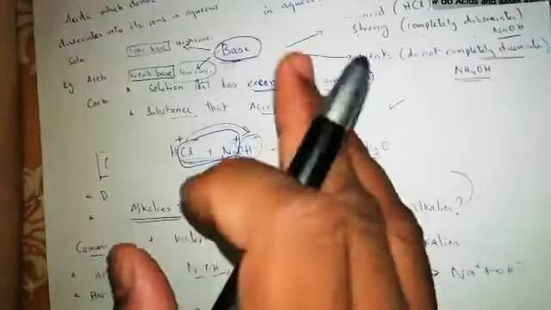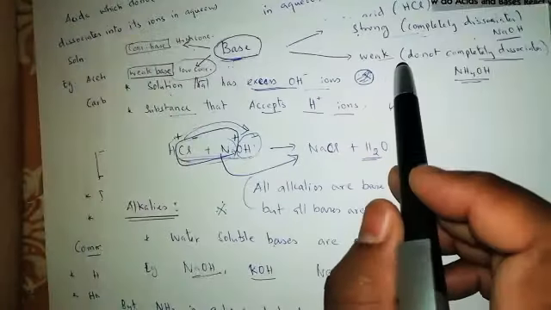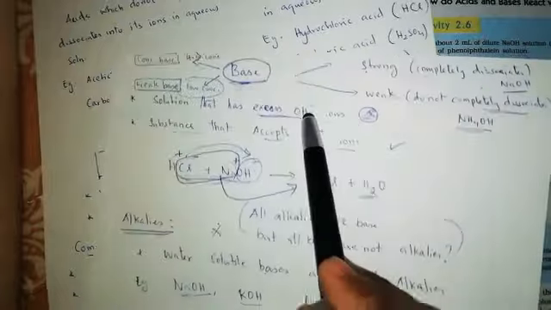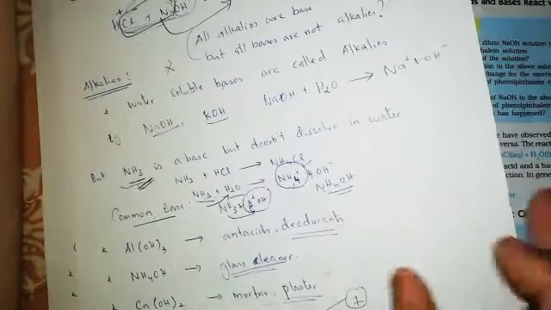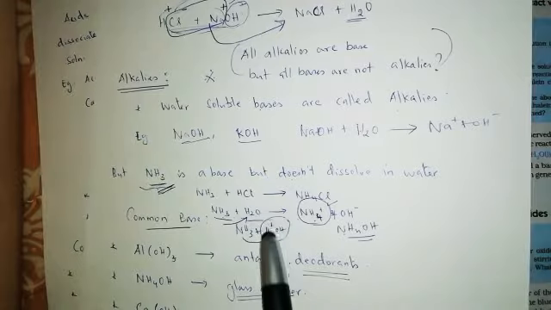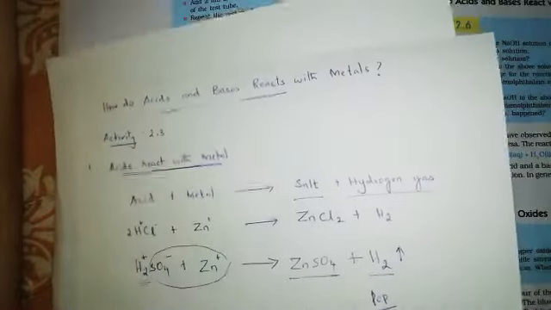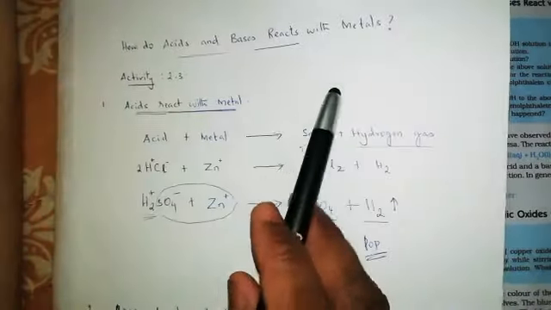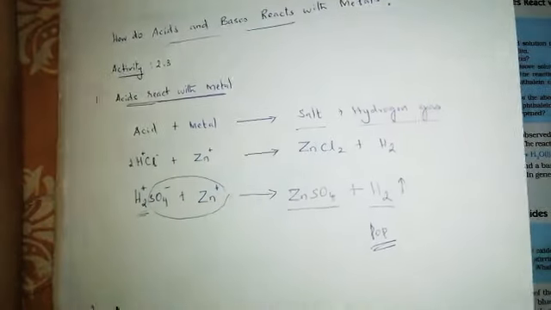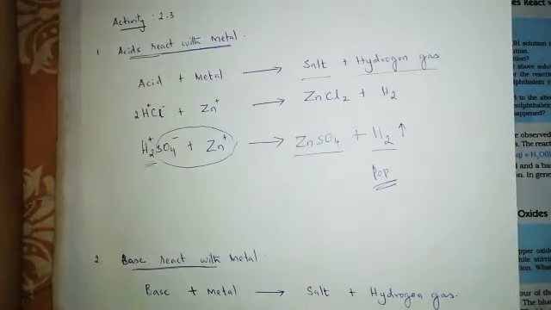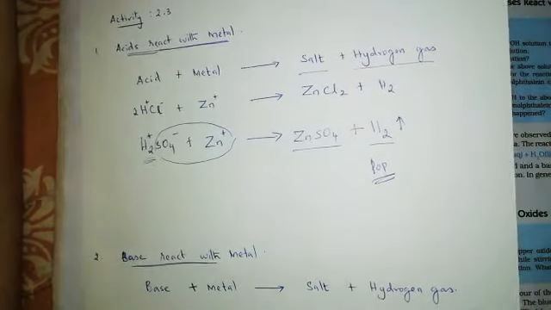And also bases: concentrated, weak and strong bases, definitions of base and alkalis, how alkalis are different from bases, right? Then some common bases that we know, and also how an acid and a base react with metals.